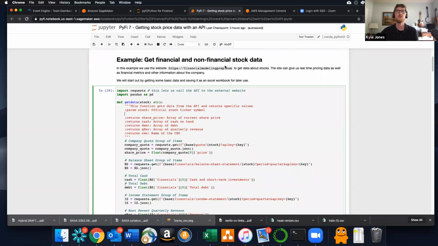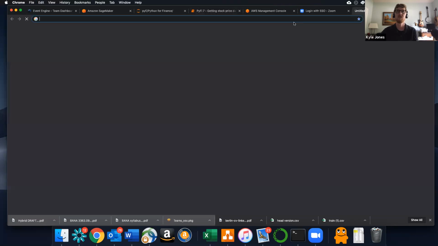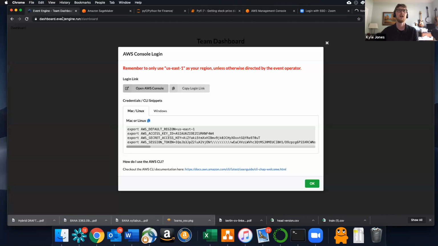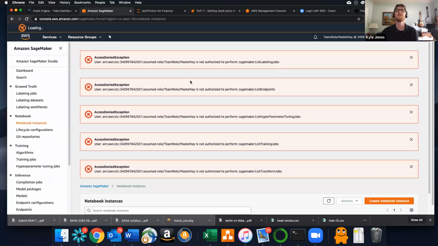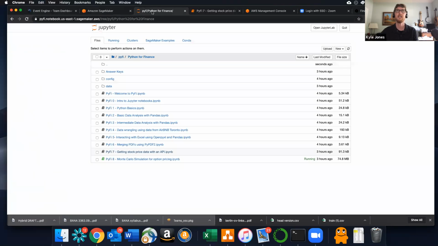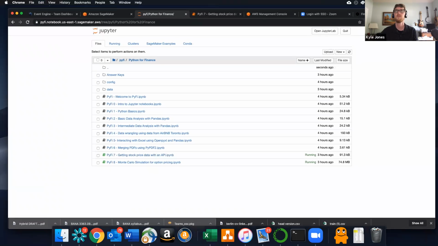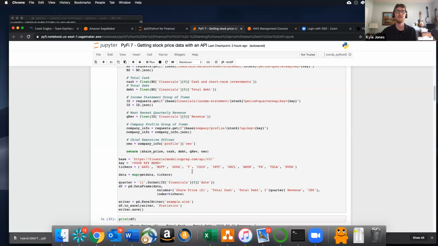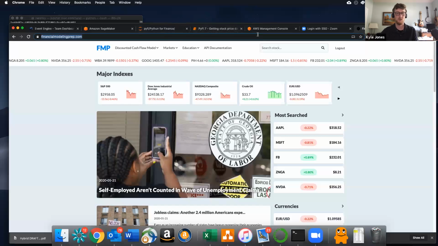The notebooks were set up originally to use this website because it did not require a key to use. They changed that policy yesterday, so you do have to have a key to use it. So I've removed my keys. If you want to be able to download this directly for yourself, you will need to come over to this website, financialmodelingprep.com, and you can sign up for a free account.